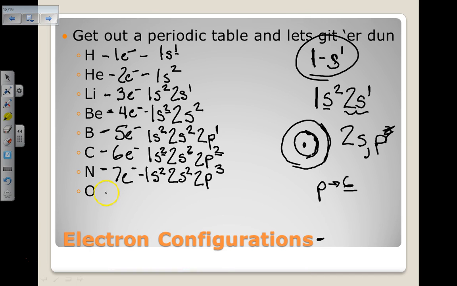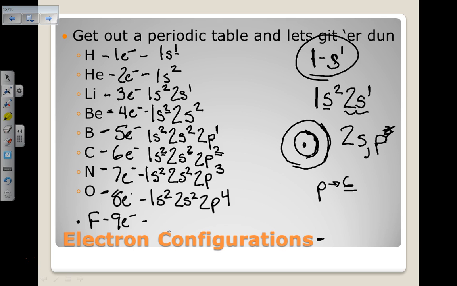Okay, so now we go to oxygen. Oxygen has 8 electrons. So let's put the 8 electrons somewhere. 1s2, 2s2, 2p4. Okay, what if we go to fluorine? Fluorine has 9 electrons. What do you think?